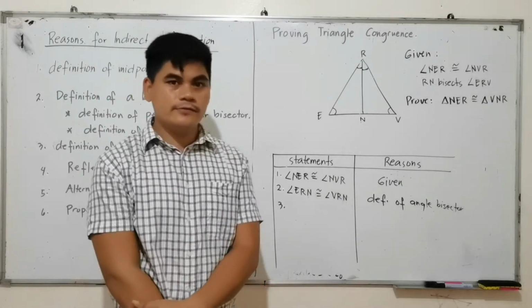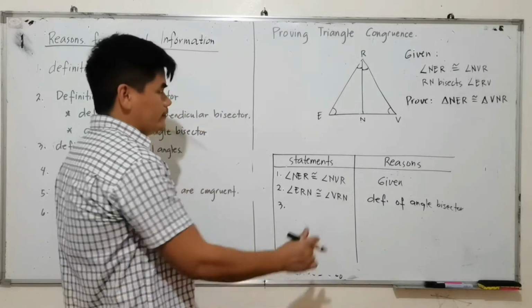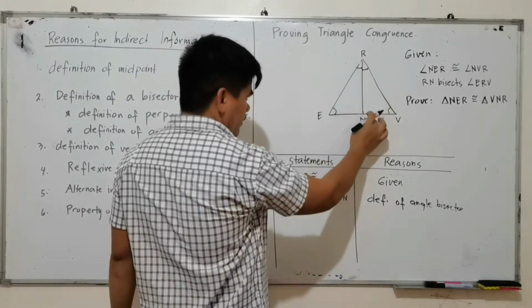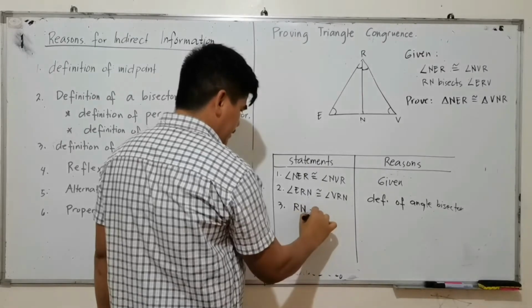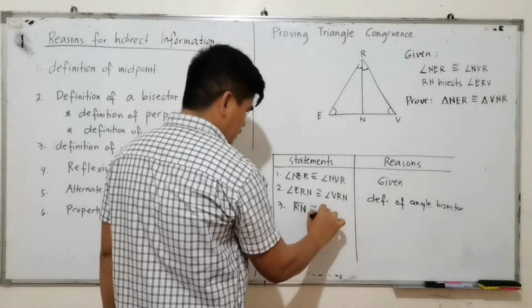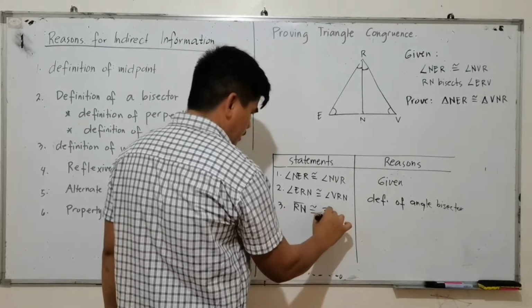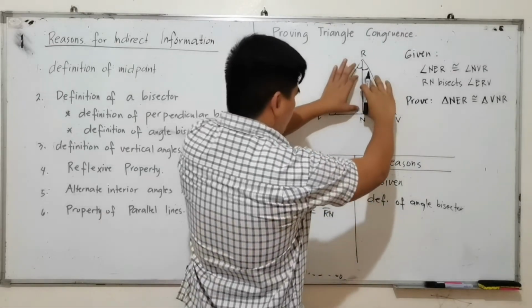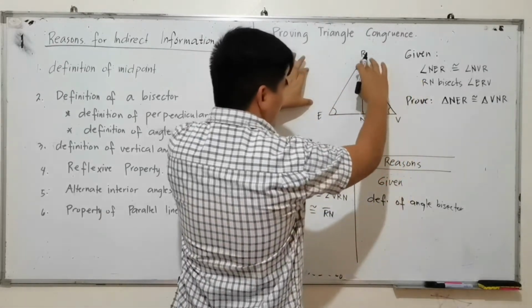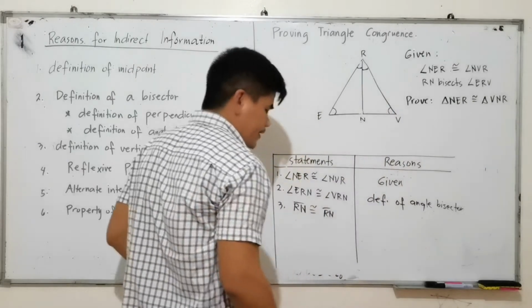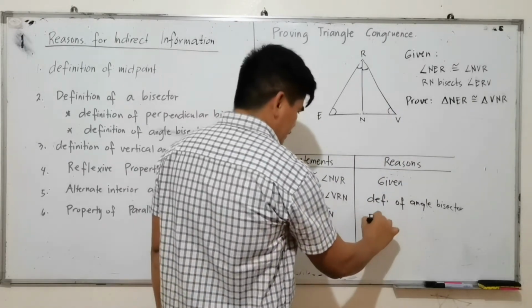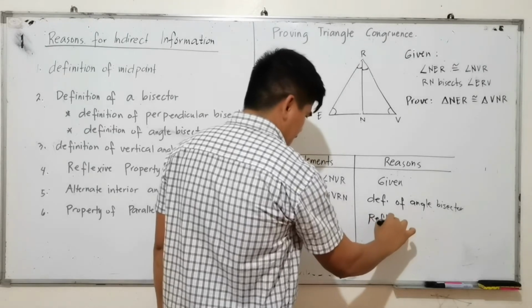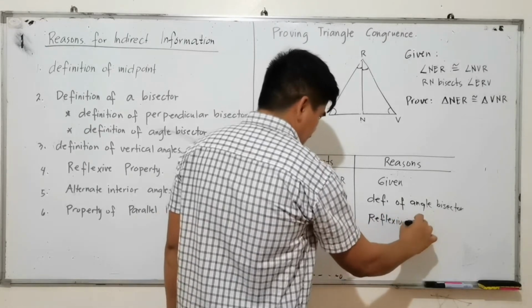We have RN is congruent with RN, right? Side RN is congruent with side RN. If we are going to separate these two triangles, they have a common side which is RN, and RN is congruent with RN by reflexive property.